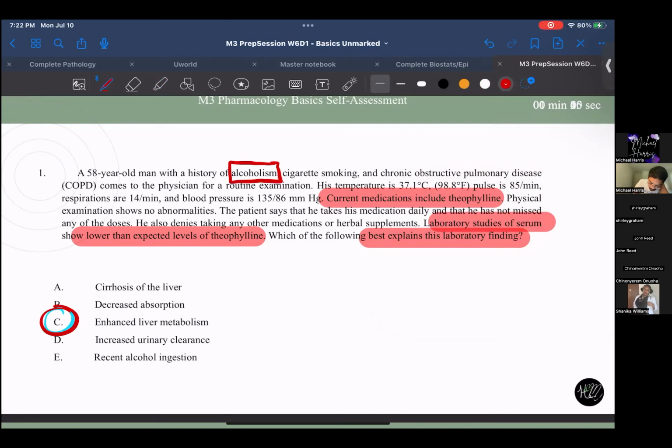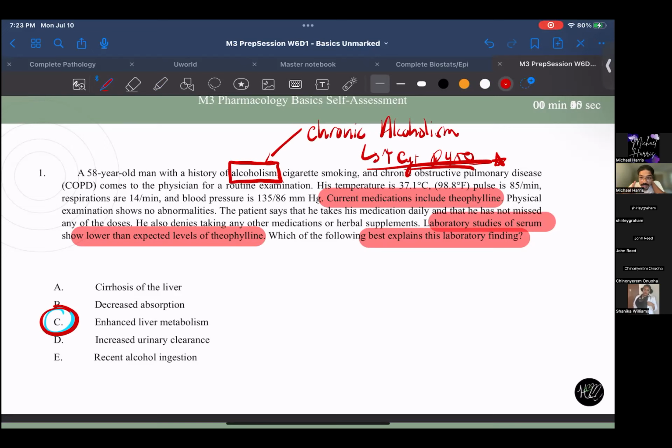Alcoholism. Okay. Chronic alcoholism increases cytochrome P450.